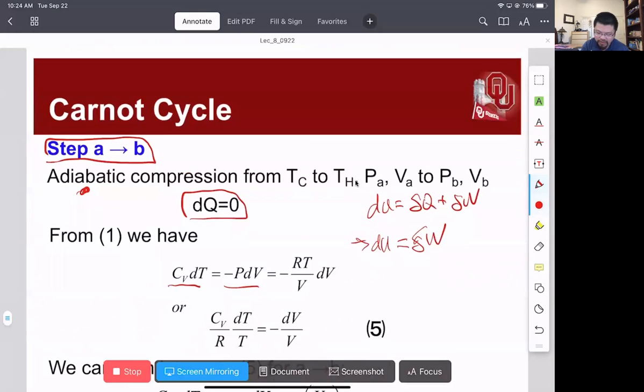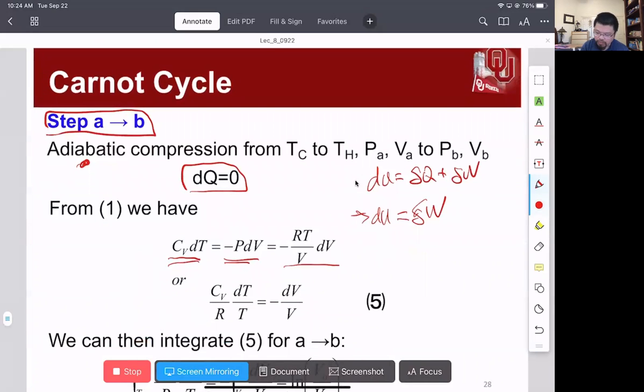So this is why Cv dT is minus PdV. And again, we are using the ideal gas equation, RT over V. We try to rearrange, putting the temperature terms together. We have dT, we have T. So I'm going to move the temperature over there and put the volume terms on the other side. So this is why we are happy with equation 5 over here.